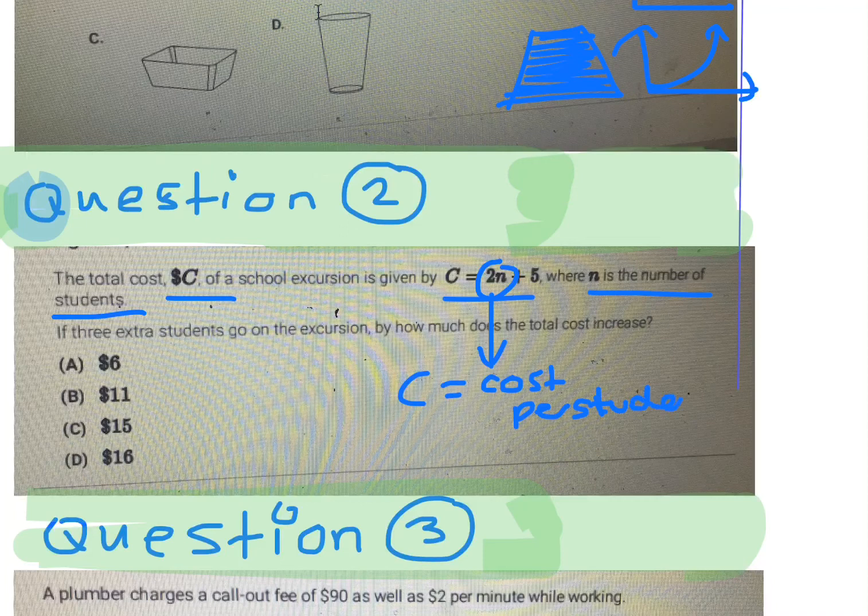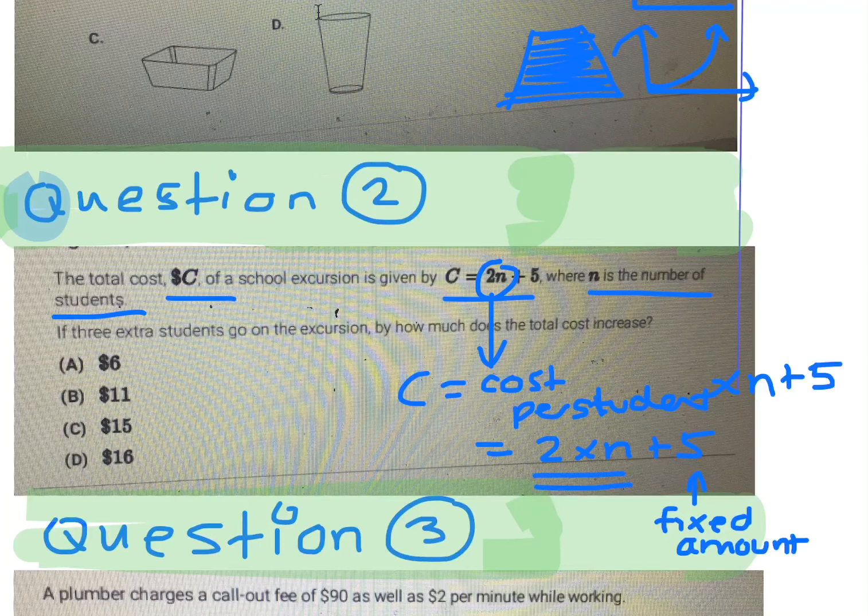So it's the cost per student times N, which is the number of students, plus the 5. So it's 2 times N plus 5. The 5 represents the fixed amount that you pay, even if there were no students, and the 2 represents how much per student. So if 3 extra students go on the excursion, how much does the total cost increase?